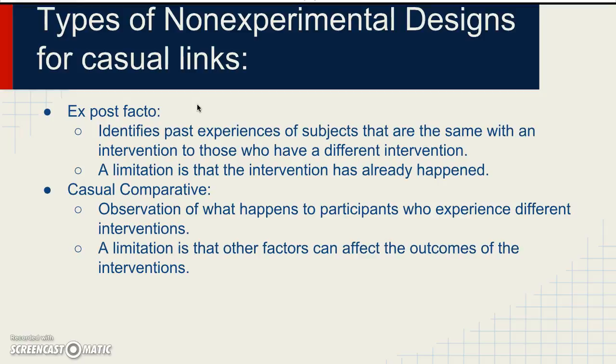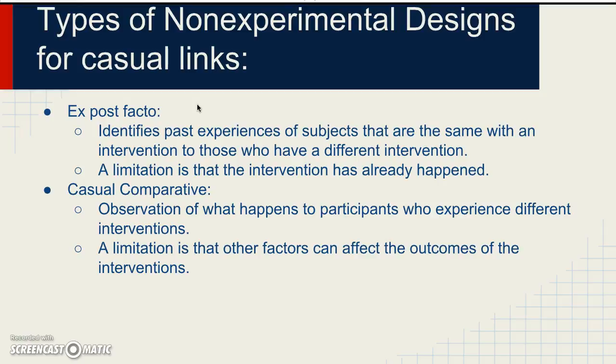Types of non-experimental designs for causal links are ex post facto and causal comparative. In ex post facto, the researcher is able to identify past experiences of individuals that are consistent with an intervention and compare the individuals with others that had a different intervention. Because there is no manipulation of the independent variable, it is classified as a non-experimental design.